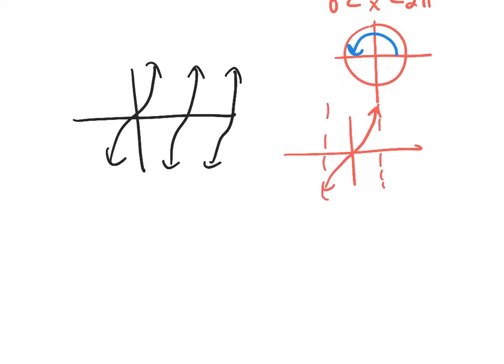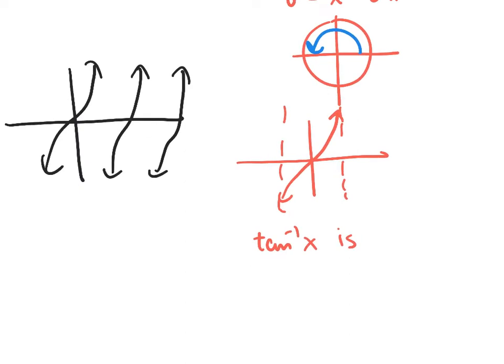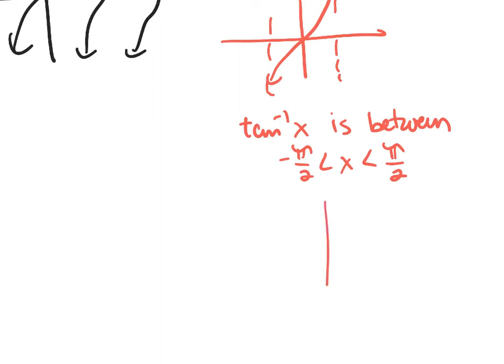So inverse tangent of x is between negative pi over 2 to pi over 2, so that I can get one answer for the inverse. And you'll see on the unit circle for tangent, it's just like sine. It goes from 0 to positive pi over 2 and 0 to negative pi over 2.